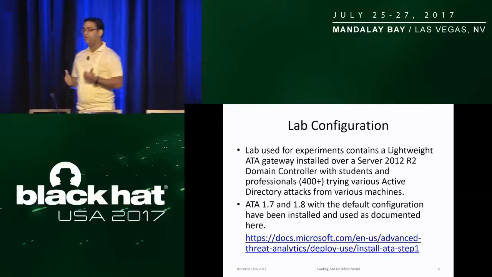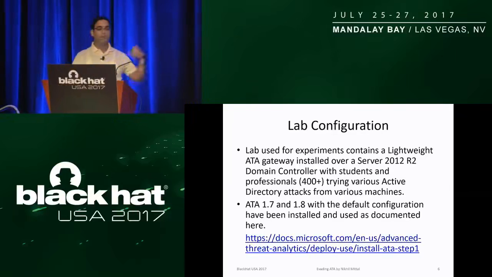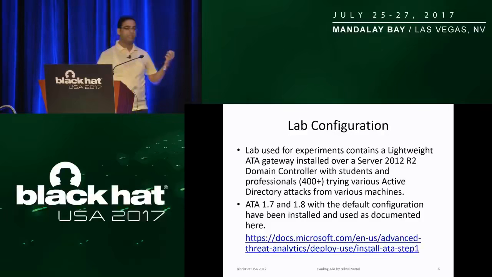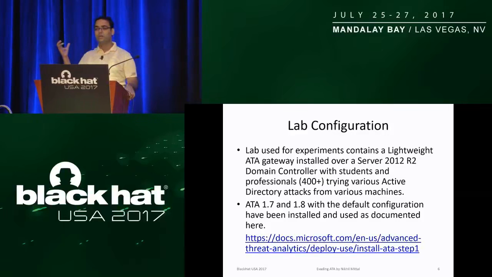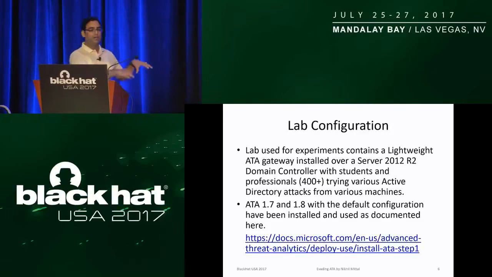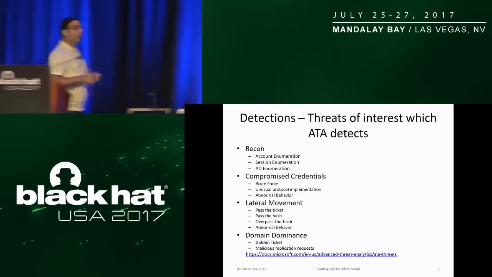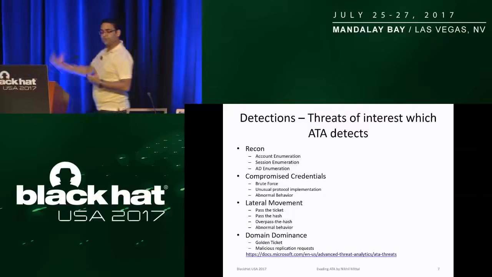One thing I can guarantee you is that the bypasses which we have a look at here have been thoroughly tested. There are two ways of implementation of ATA. I'm using a lightweight gateway, that is, the sensor is living on the domain controller. It's not a separate box. That doesn't make any difference to the detection as far as I know, but I just wanted to let that out. So the threats of interest which ATA detects, it detects so many things.